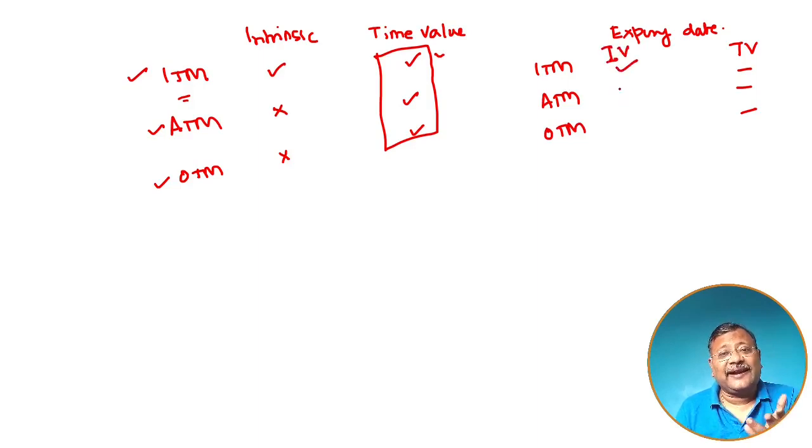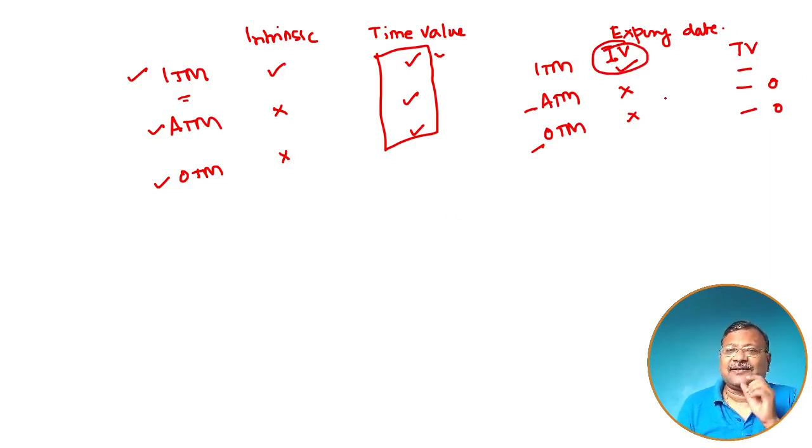But remember, ATM and OTM options will have no intrinsic value as well, which means on expiry, if the option expires at the money or out of the money, its value will be zero, because it has no intrinsic value and no time value. That means it will trade at zero. Whereas an in the money option, on the expiry date, will have intrinsic value. It will trade at the intrinsic value.